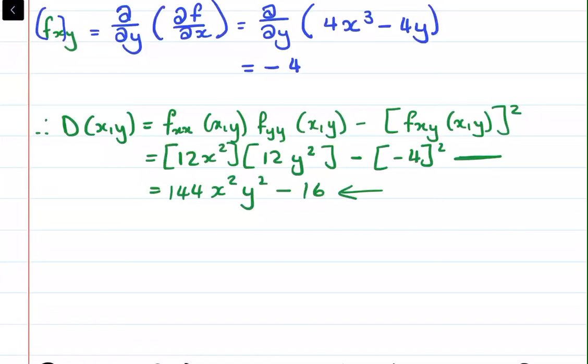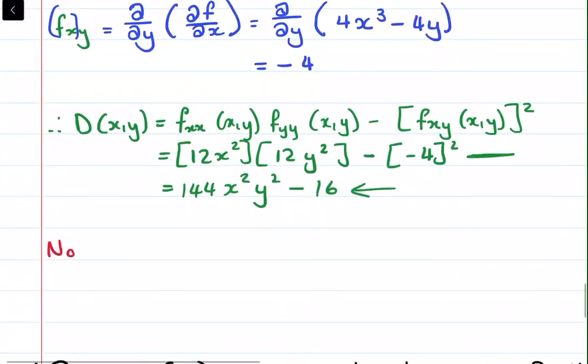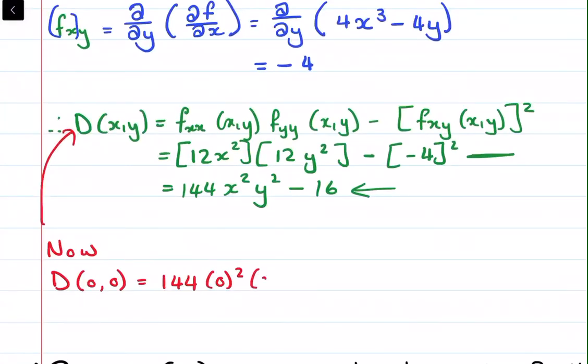Now we get to the important part. Now let us classify. What is D at (0, 0)? So that is my critical value. D(0, 0) means I'm going to say 144 times 0 squared times 0 squared minus 16, and then this gives negative 16, and negative 16 is less than 0, right?